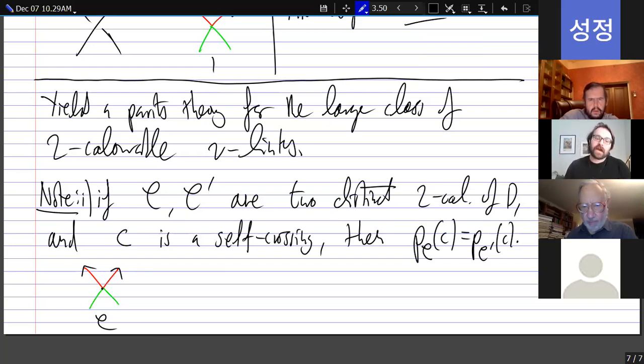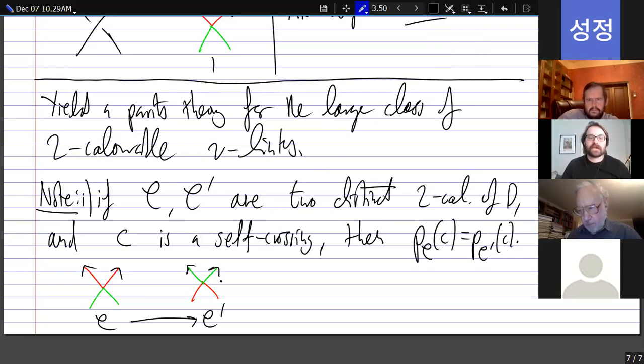So if I go from C to C prime, I actually have to flip the coloring on this particular component that we're seeing in the crossing. Because this is a self-crossing, this green would become a red, this green would become a red, and the same happens on the top.